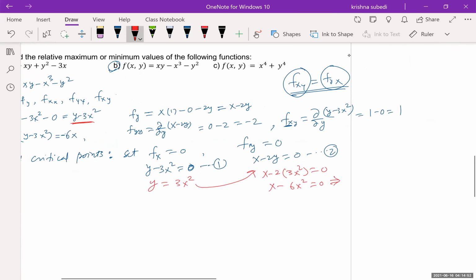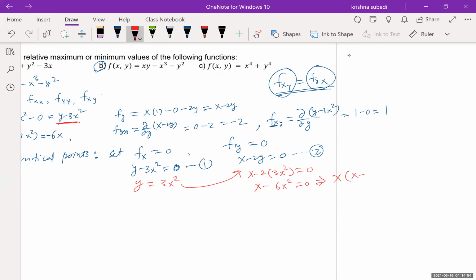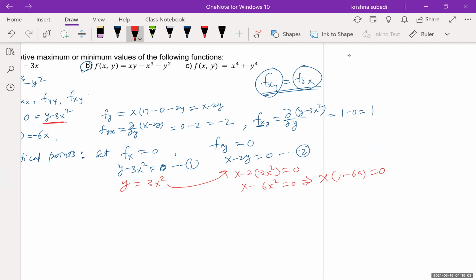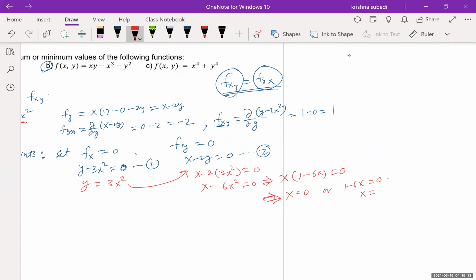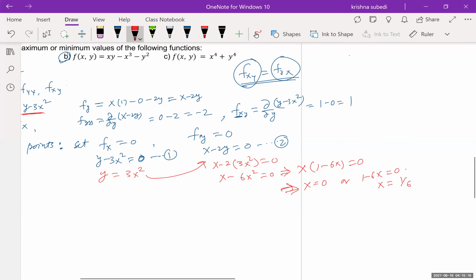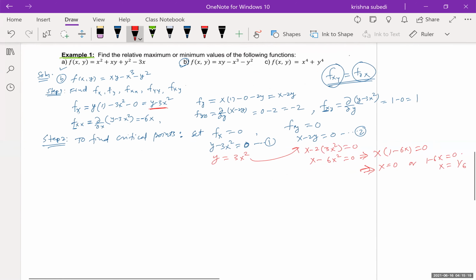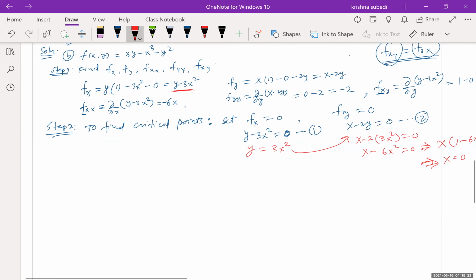That's going to give me x common, so x times (1 minus 6x) equals 0. This gives me x equals 0, or 1 minus 6x equals 0, so x equals 1 over 6. So we got two values, let me write it down: x equals 0 and 1 over 6.